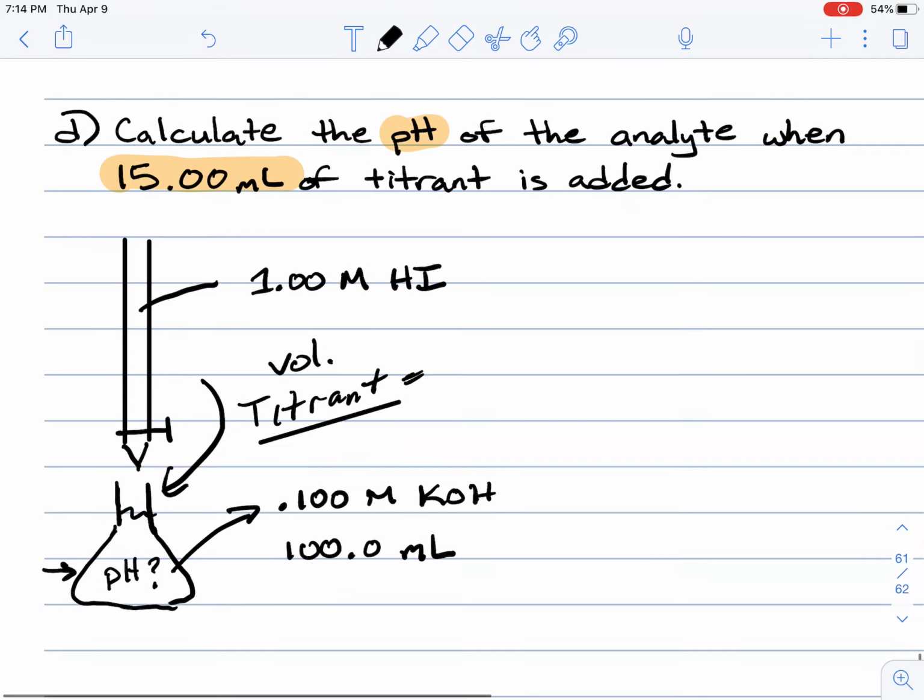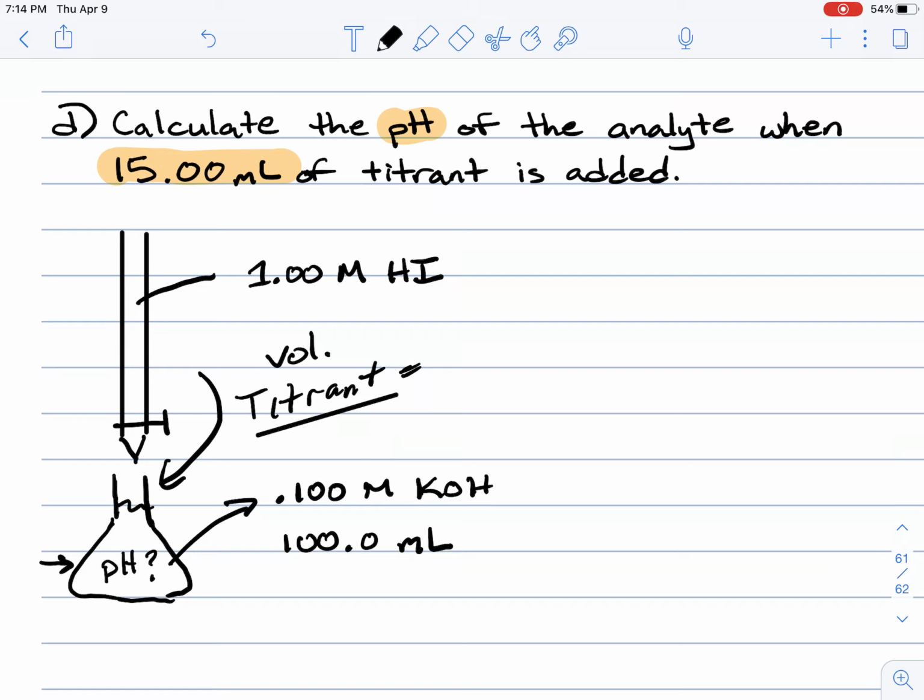All right, let's go ahead and start. So we're going to calculate the pH once again of the analyte. So we're always trying to calculate the pH when 15 mils of titrant is added.